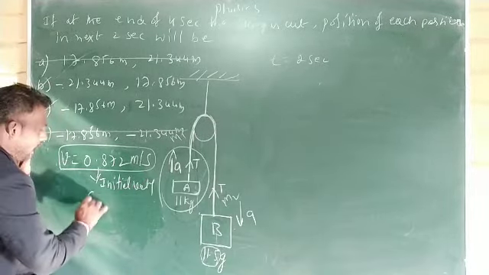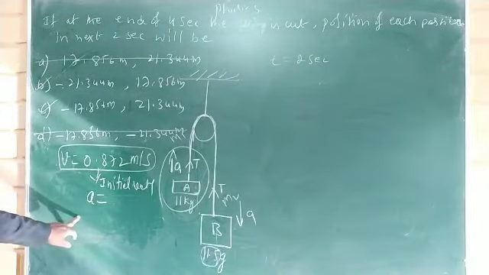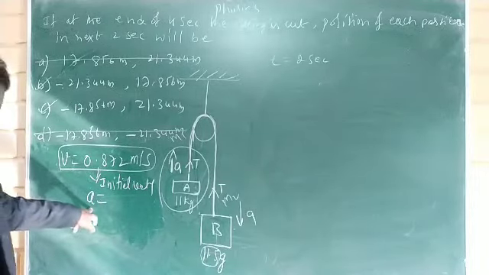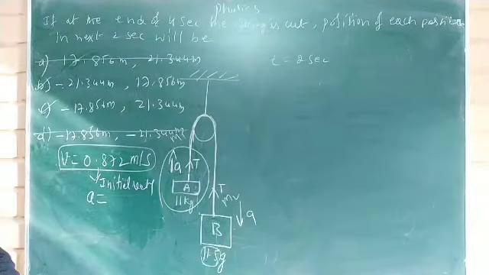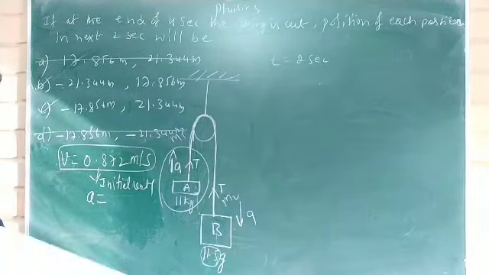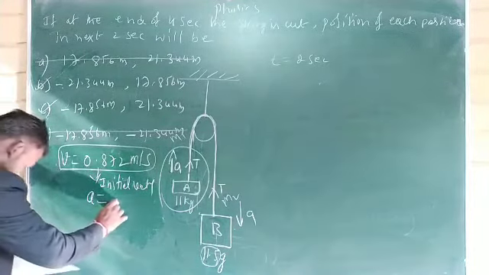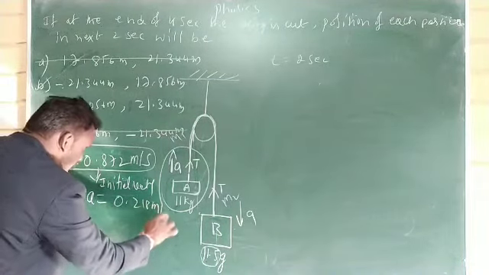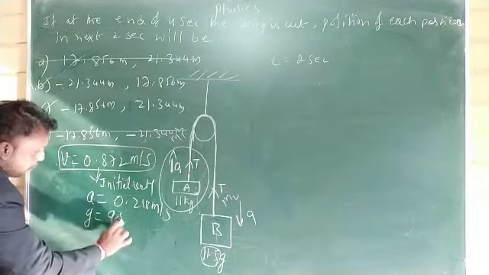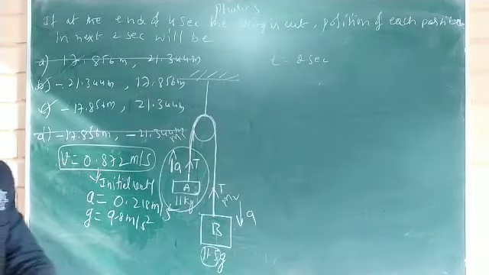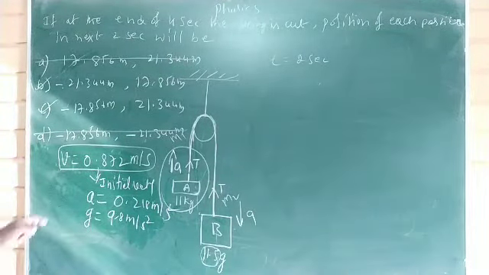The acceleration we already calculated is 0.218 meter per second squared, while the acceleration due to gravity is 9.8 meter per second squared. Now calculate the position of the particle.